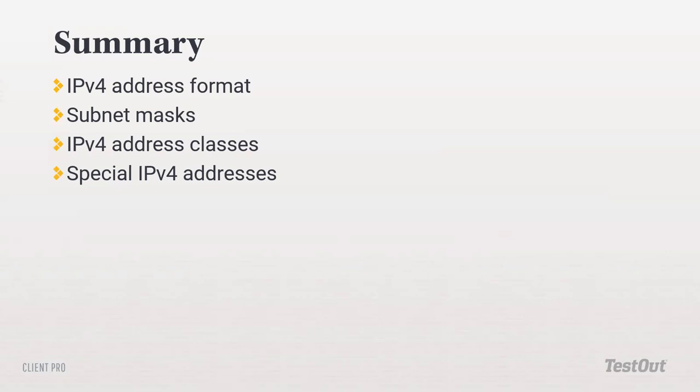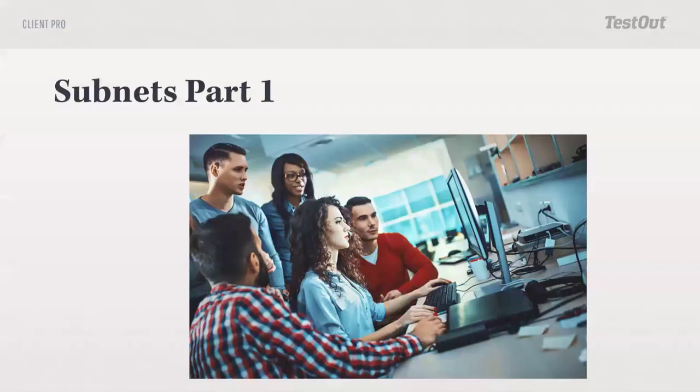And then the special IPv4 addresses: the network addresses, which are typically, but not always, all zeros, and the broadcast addresses, all ones. We talked about APIPA, the 169.254, and then, of course, the private addresses.